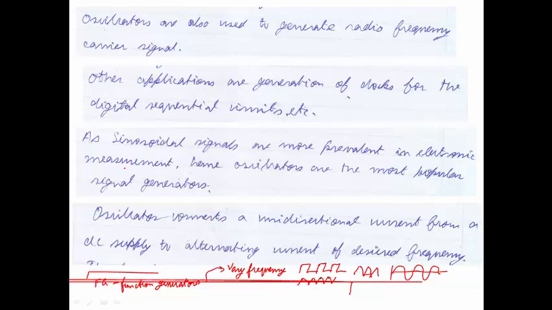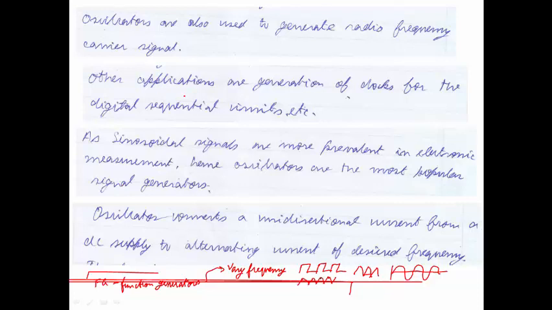Now, an oscillator converts unidirectional current from a DC supply to alternating current of desired frequency. Now we have already said that generally oscillators are not used to have any inputs. When we speak of any input, that means particularly the sinusoidal input.